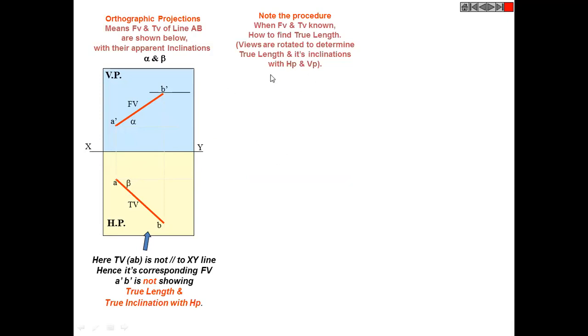Now we will talk about both sides of the problem. What I showed you earlier, just hold a second, I will share it.